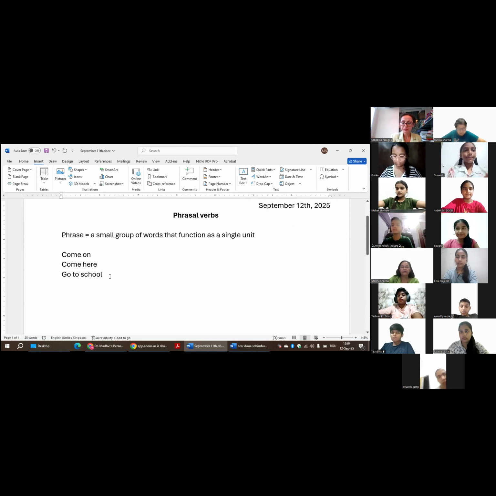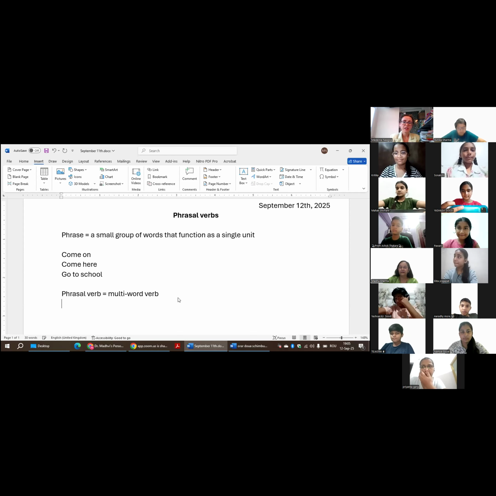Phrasal verbs usually have one synonym, as you will see later when we give more examples. Phrasal verbs are also called multi-word verbs, because like we said, a phrase is a group of words.